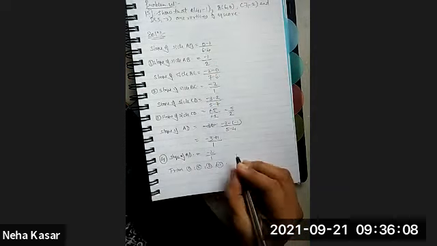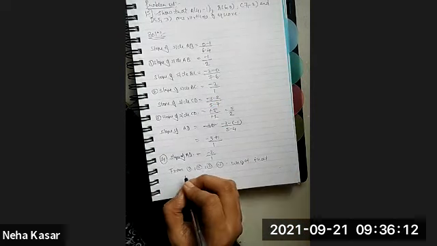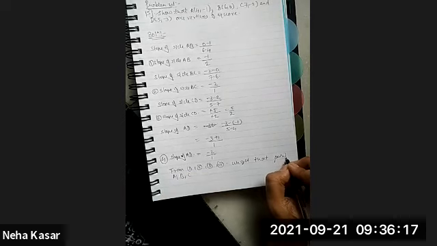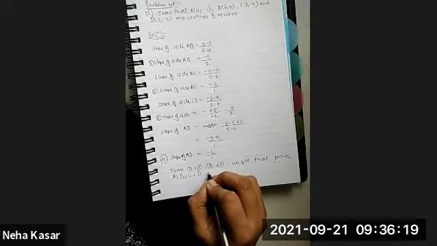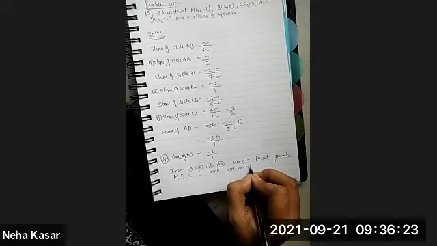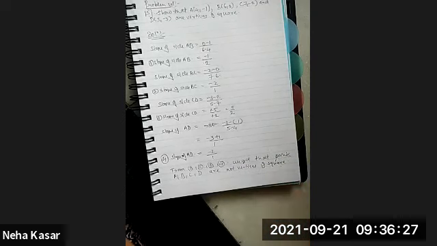So from 1, 2, 3, 4 we get that points A, B, C, D are not vertices of a square. Okay, if everything is the same then only we can write that it is a square.